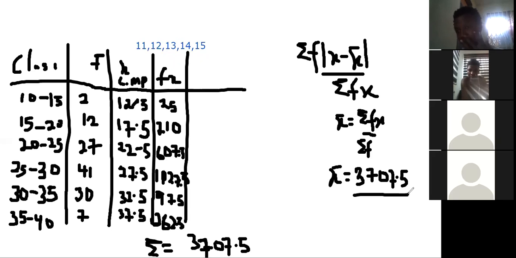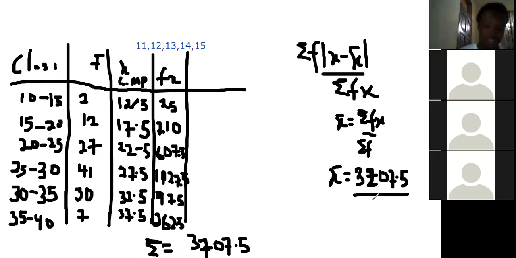That is what I'm also getting in the book, in the example I worked: 3207.5.